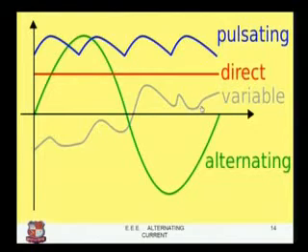The path for this quantity is random, it will change according to the change of circuit parameters. So this type of quantity is neither AC nor DC, it is a variable quantity. So again, the first one is the pulsating DC, the second one is the pure DC, the third one is the alternating quantity, and the last one is the variable quantity.